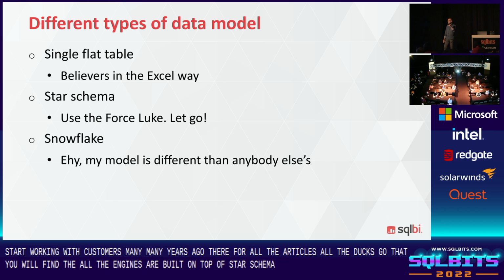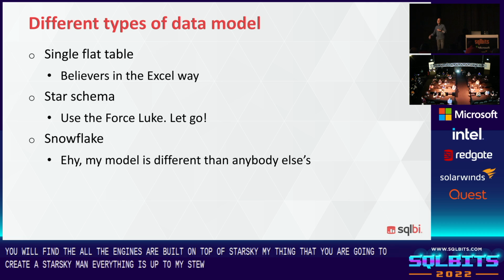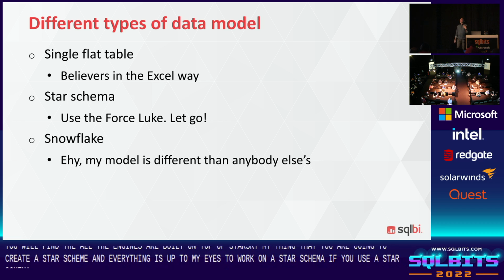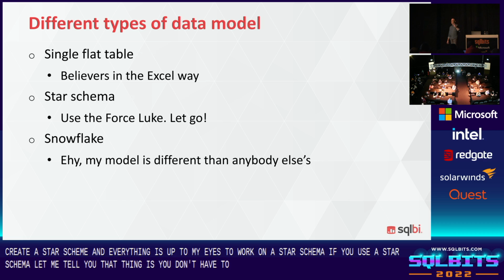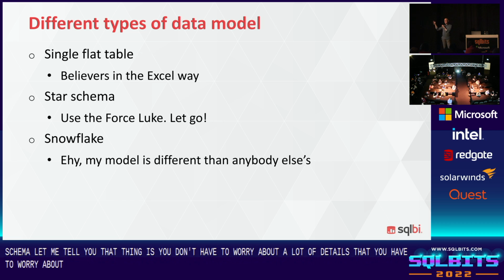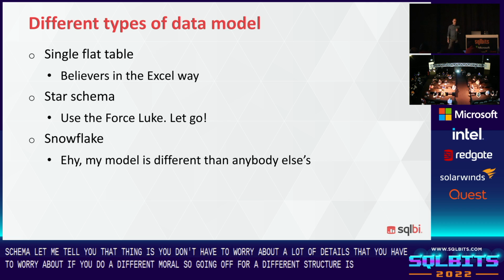They think that you are going to create a star schema, and everything is optimized to work on a star schema. If you use a star schema, you don't have to worry about a lot of details that you have to worry about if you use a different model. So going for a different structure is only creating issues.